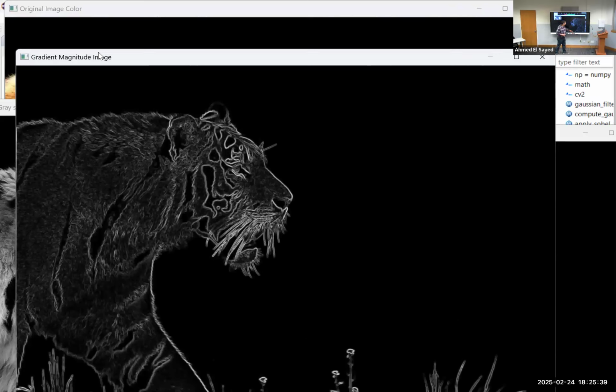And based on that, we will find the magnitude of the gradient. Is this an edge? Is this the final result of the edge image? No. Why? It must be 0 or 1. Exactly. The edges are a binary image. This one still has grayscale value. Okay?